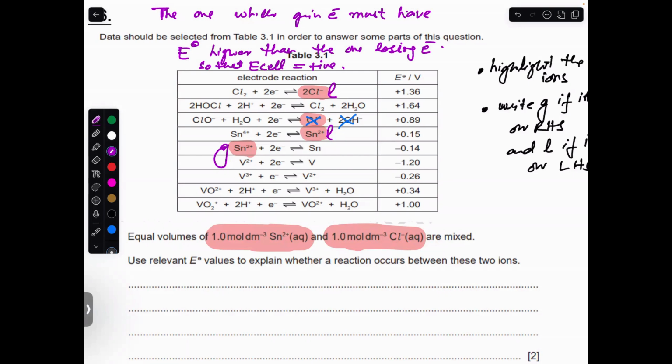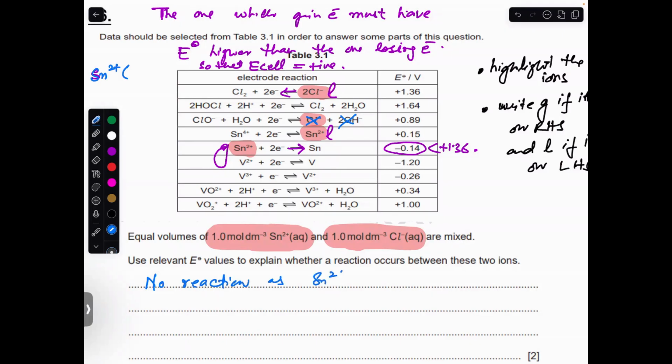Now, look, if this one is gaining electron and this one is losing electron, its E naught is less than 1.36. So can I write no reaction? I'm writing here no reaction. Why no reaction?